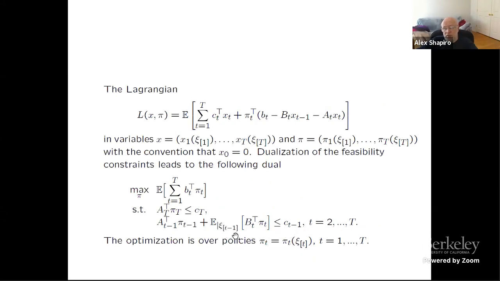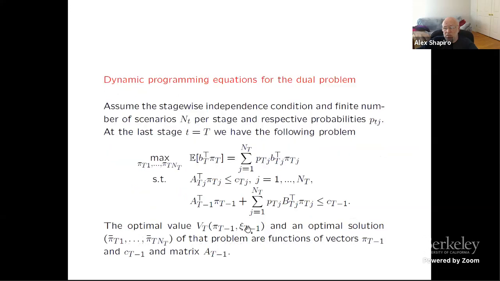Assuming stage-wise independence, one can write a dynamic equation. When you have a discretization, it's like that, and one can solve it using cutting planes, similar to what we did for the primal problem. One can compute the value function. It takes a little more time because it doesn't decompose, depending on how large the problem is, but it's possible to do.